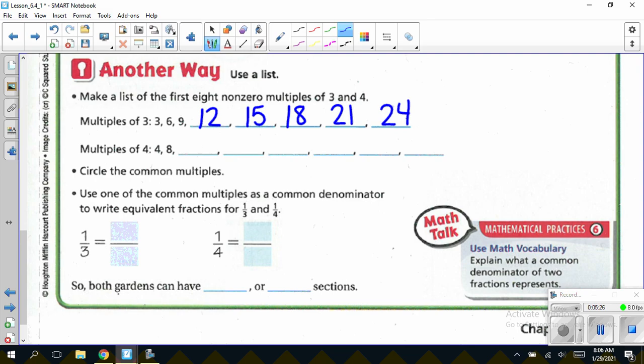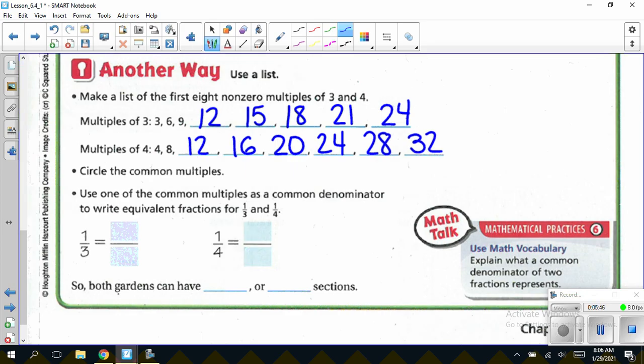And then same thing for the multiples of 4. They started counting by 4s for us. We're going to continue this out. So 4, 8, 12, 16, 20, 24, 28, 32.